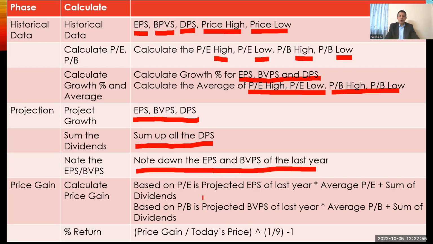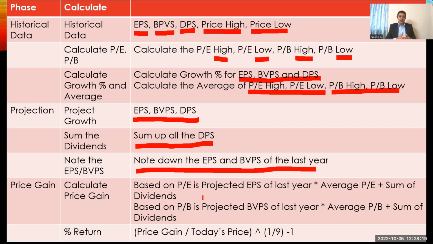And once we note down all the values, we see the last EPS of the company. We take the last EPS and multiply it with the average PE ratio of the company, and then add the dividends to that to get the actual gain which we can derive in future.